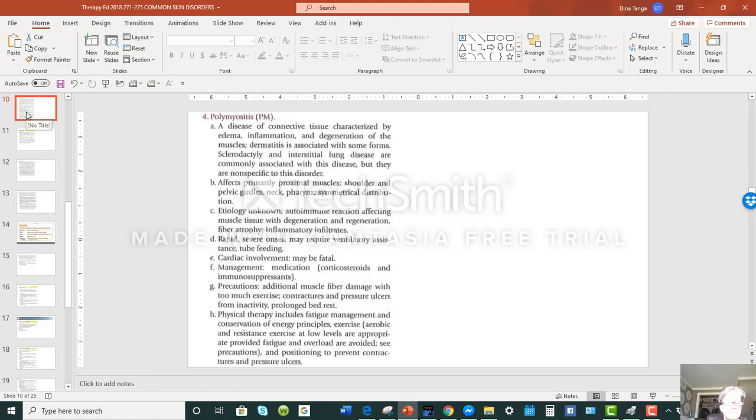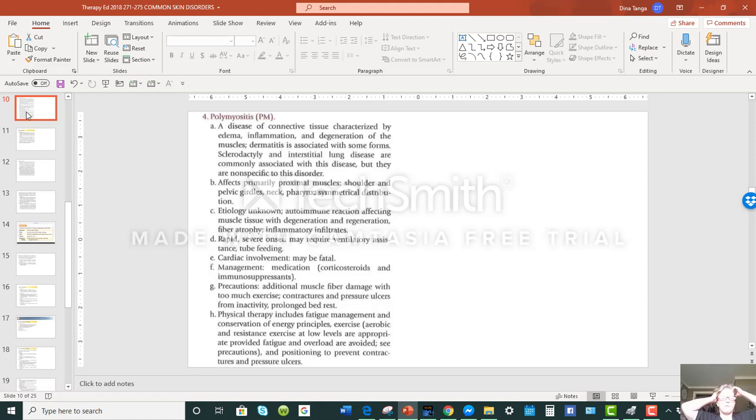Polymyositis, PM, a disease of connective tissue characterized by edema, inflammation, degeneration of the muscles. Dermatitis is associated with some forms. Sclerodactyly or interstitial lung disease are commonly associated with this disease, but they are non-specific to this disorder.